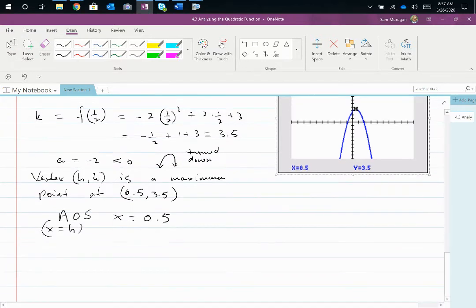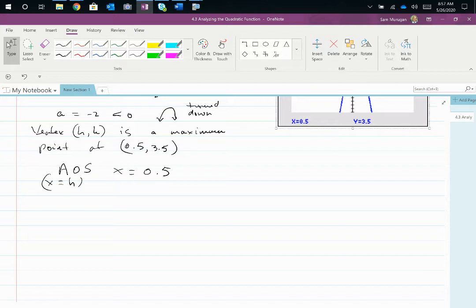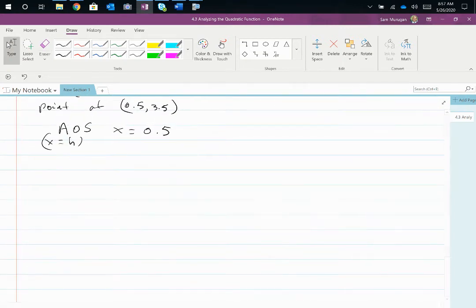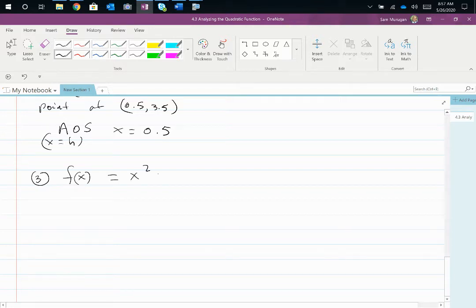All right, so let's do one more example. I've got, say, f of x is equal to x squared minus 2x minus 15.